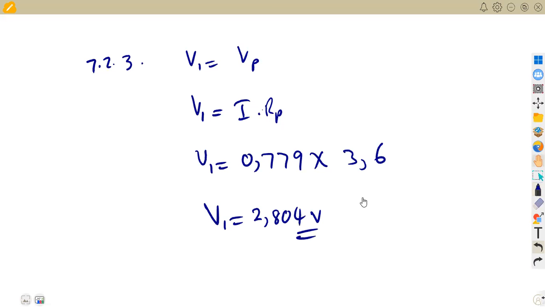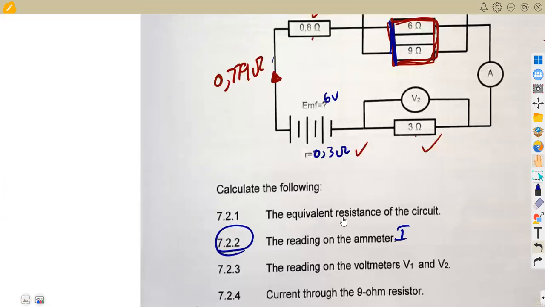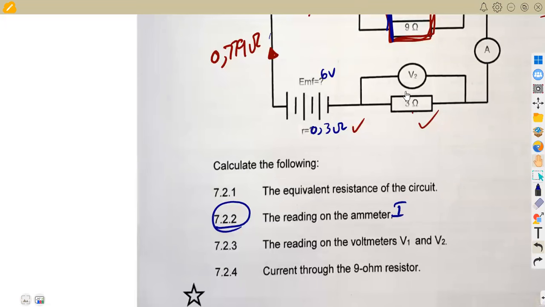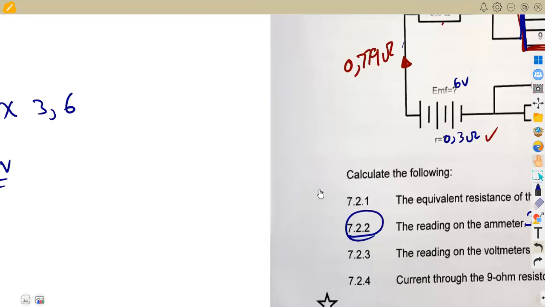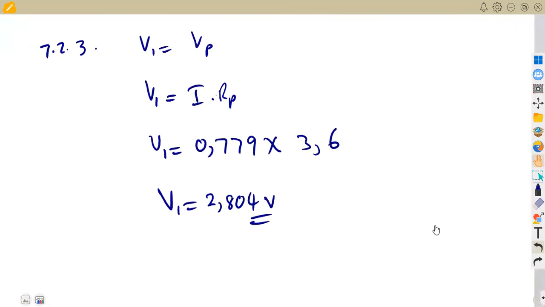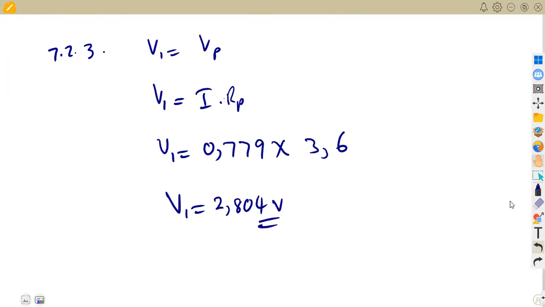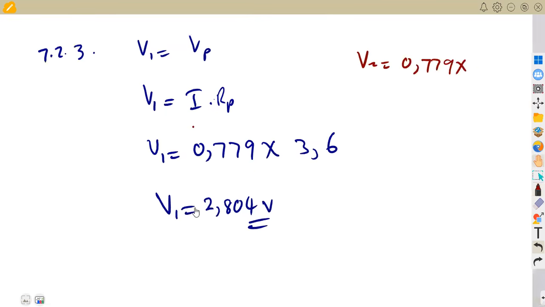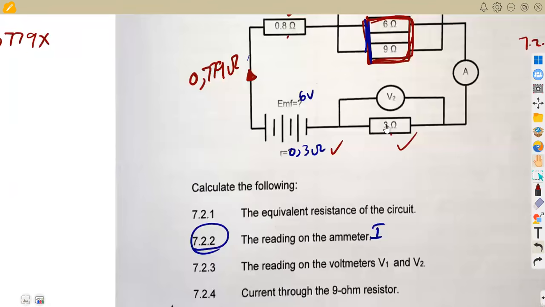All right, that's it. Then V2, remember, is here across the 3 ohm. So it's just current times resistance, all right? Because here we do not have anything in parallel, so we just have it direct. So for V2, we are simply going to multiply the current of 0.779 times the resistance that is affected there, which is the 3 ohm.